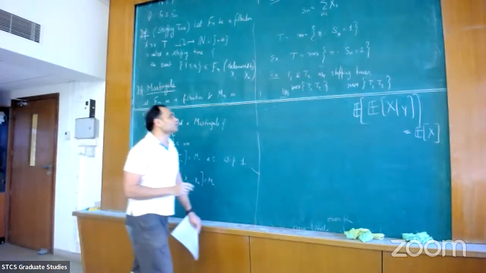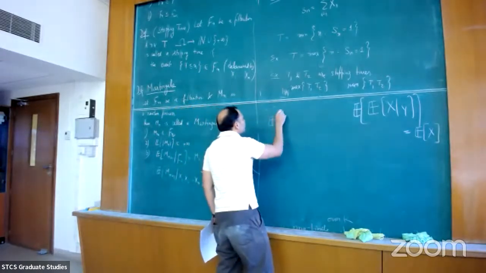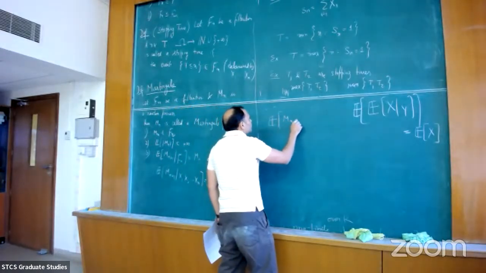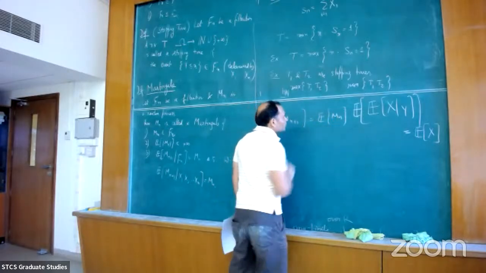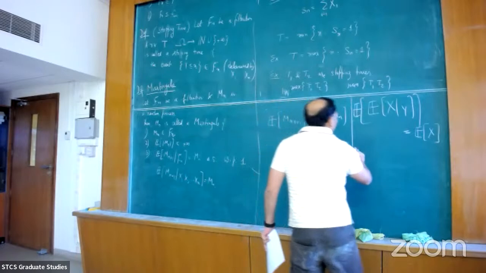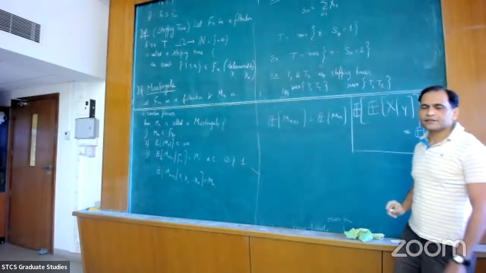So what do you want to show? You want to show that the expected value of M_{n+1} is equal to the expected value of M_n. What do I need to show to get this?